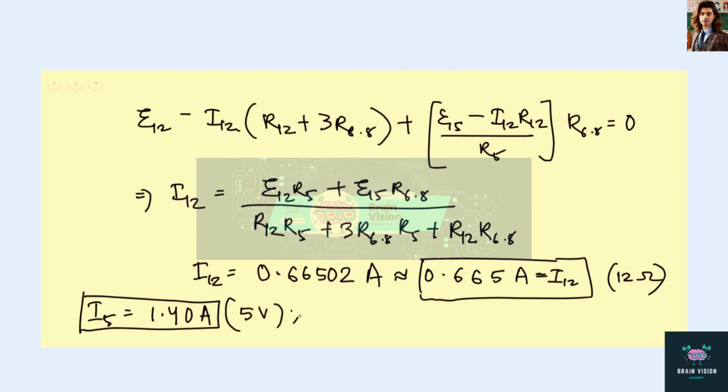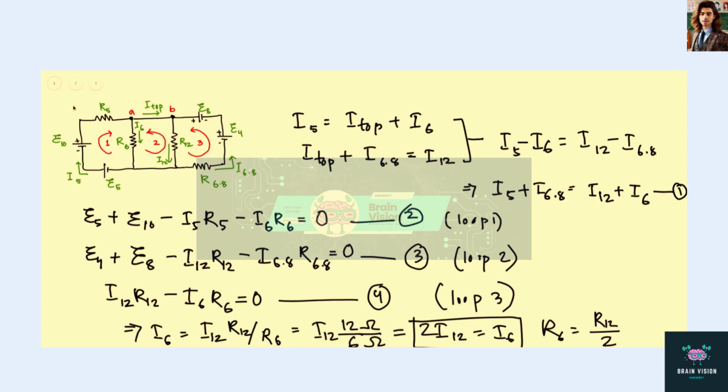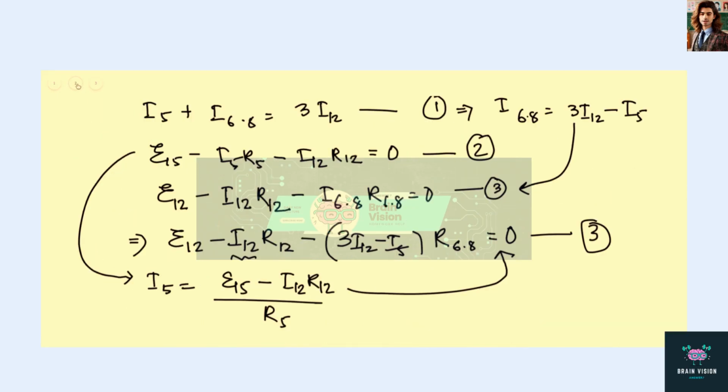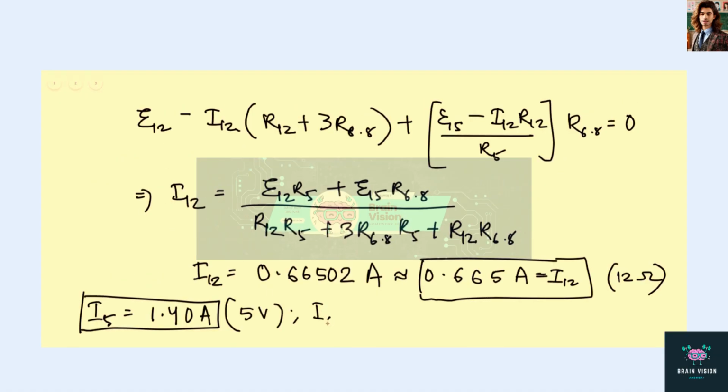Then you have I5 and I12 now. So we can find I6.8, because these two are already known. We use that equation, and I6.8 comes out to be 0.591 ampere. So that is the current flowing through the 6.8 ohm resistor.